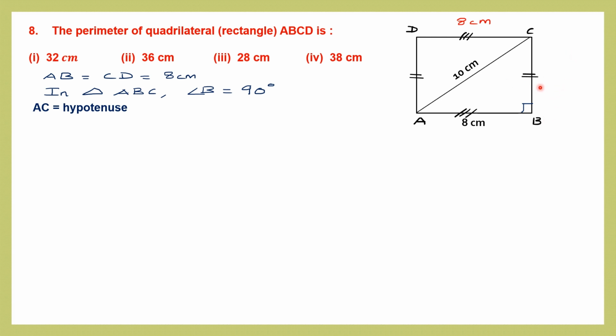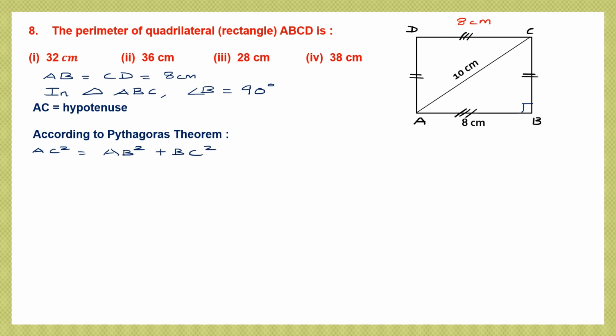If we find side BC, then this is also the same because both are opposite sides. So to find side BC, we can apply the Pythagoras theorem. According to that, AC square is equal to AB square plus BC square. Let's write that. So AC square is equal to AB square plus BC square.